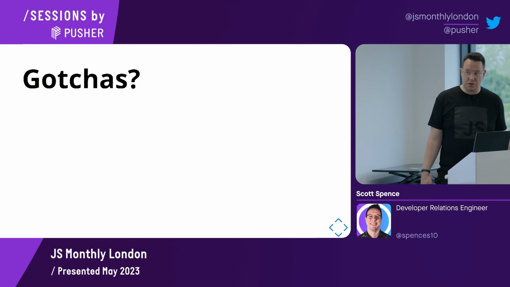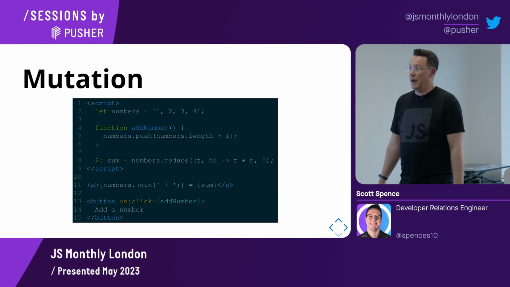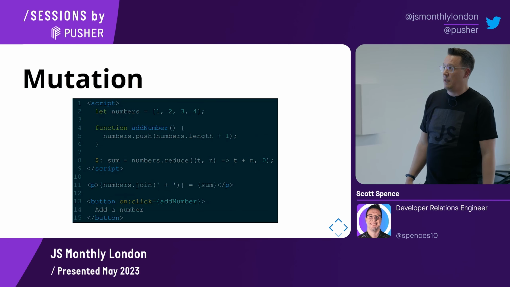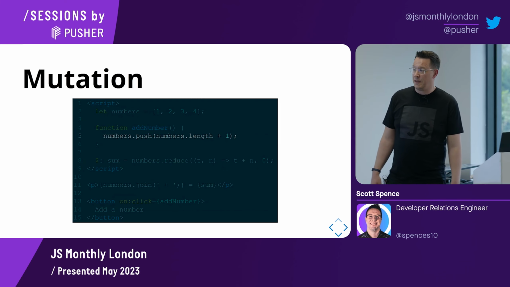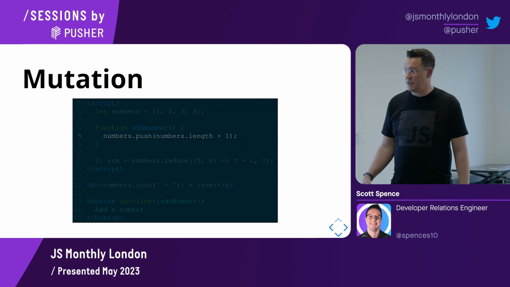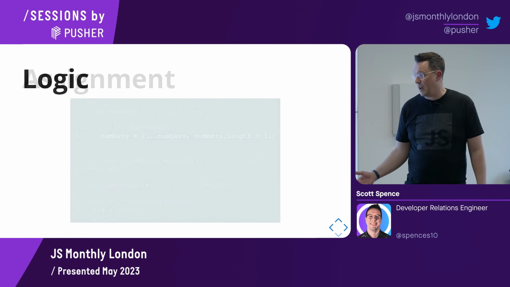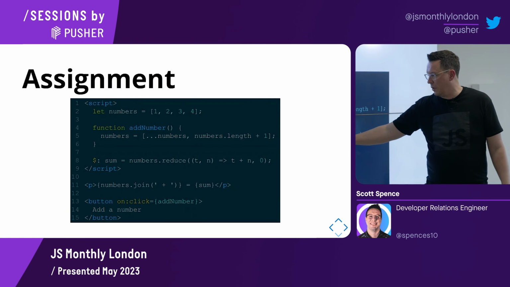So are there any gotchas with doing this? There are. If you're using mutation, any mutation function, if you're going to push onto the numbers array here, this isn't going to be in our reactive variable.